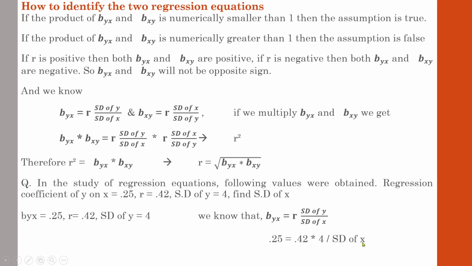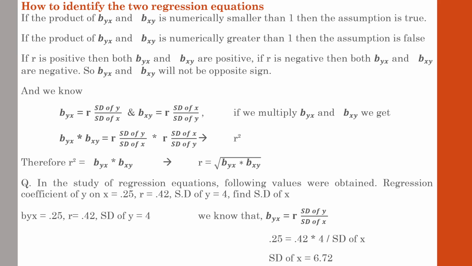By using basic maths, you will get the standard deviation of x as 6.72. This is how you deal with simple cases with regard to the properties of regression. I hope you are all following the concept.